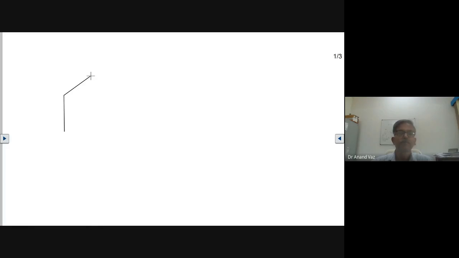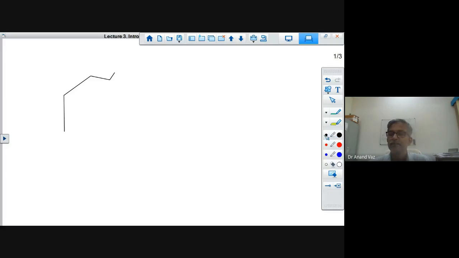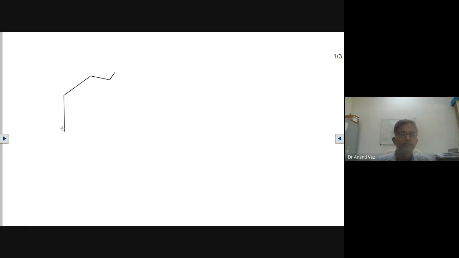Usually we call this the base. We could have the base here, and it could be on a fixed base or it could even be moving.